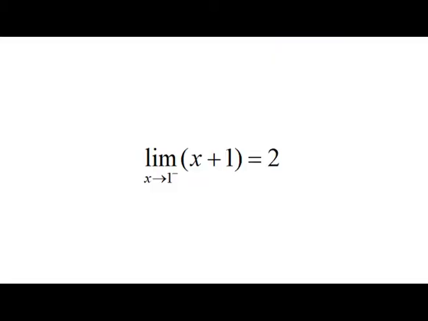We say that x plus 1 approaches 2 as x approaches 1 from the left side. 2 is called the left hand limit of x plus 1 when x equal to 1 or when x approaches 1. We denote it by limit of x plus 1 as x approaches 1 from the left is 2.